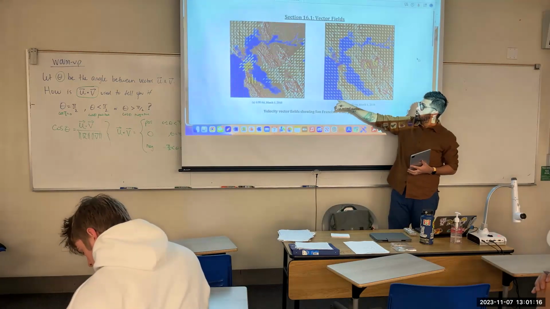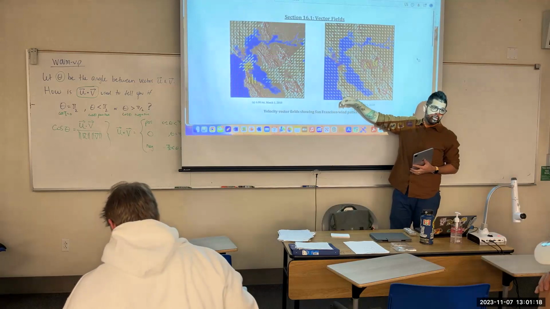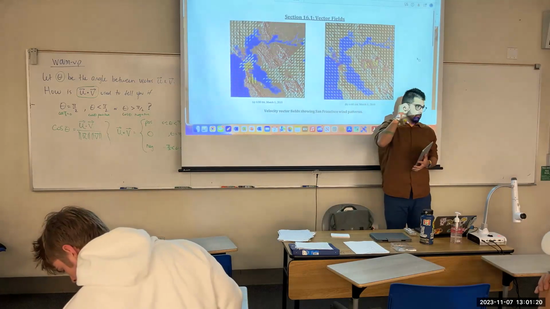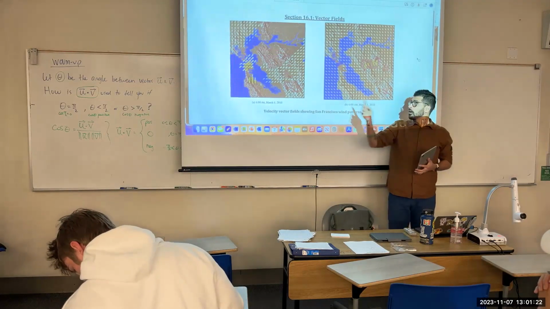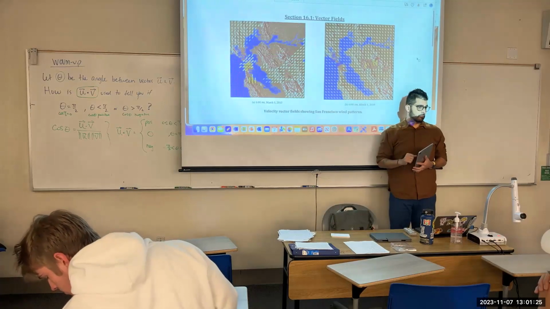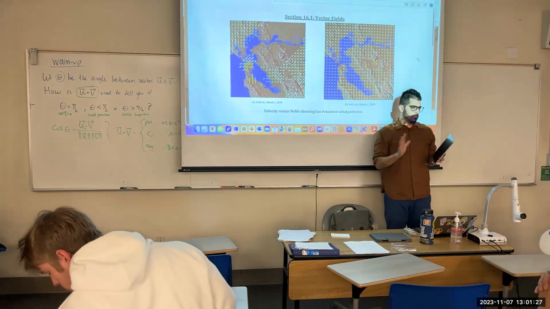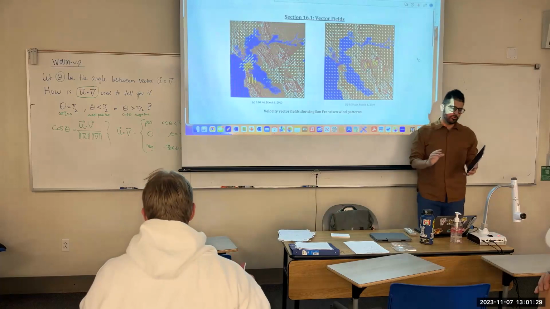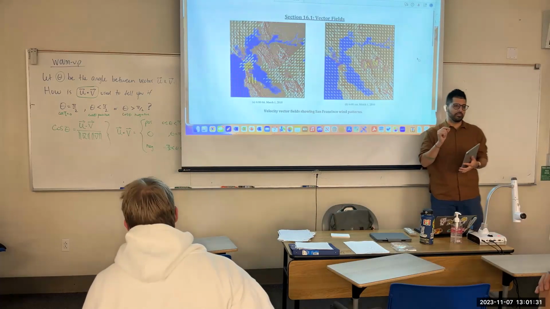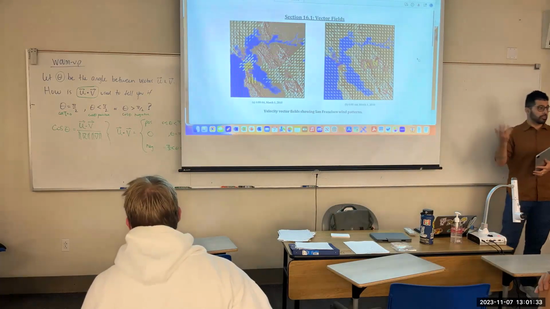See all the initial points of these vectors? Those are the inputs, the points. The outputs are the vectors themselves. Which is new. Well, you have seen something like that, and I'll show you how, but we haven't thought of it as a function.